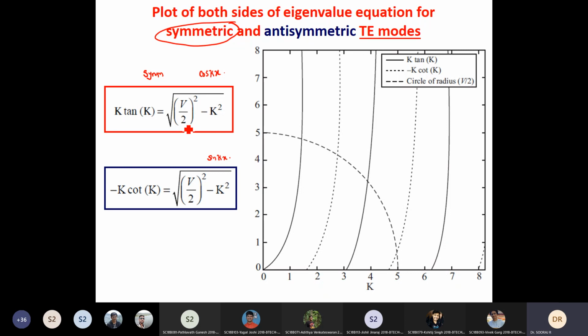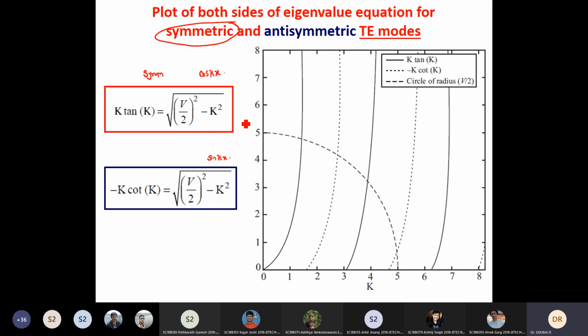The term root of (V by 2) the whole square minus K square, the one inside the square root, is the equation of a circle whose radius is V by 2.